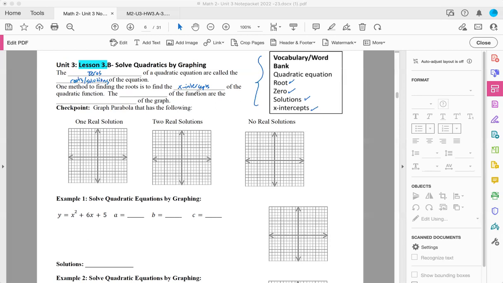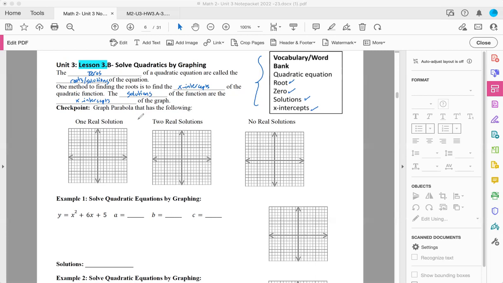Again, we can use them interchangeably. We can say the zeros of the function or the solutions of the function are the x-intercepts of the graph. So when we're finding solutions graphically, we're finding x-intercepts. That's all you need to get out of this.